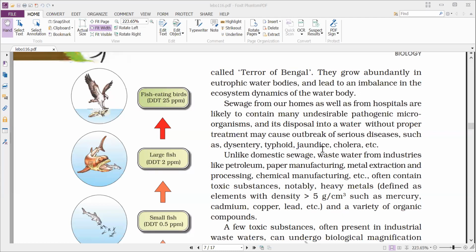They grow abundantly in eutrophic water bodies, that is, water bodies which are rich in nutrients, and lead to an imbalance in the ecosystem dynamics of the water body. In an ecosystem all the organisms have to grow, but here this plant is growing enormously, obstructing the growth of other organisms.